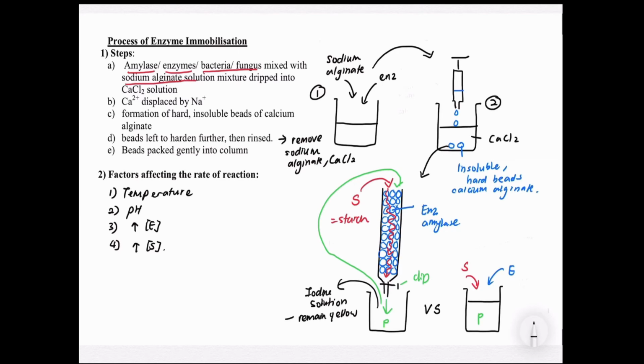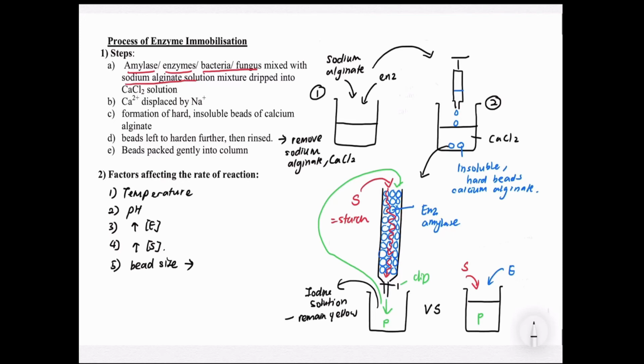However, if you're referring to the technique of enzyme immobilization, you realize that the bead size does affect the rate of reaction. So, which size actually is suitable for enzyme immobilization?